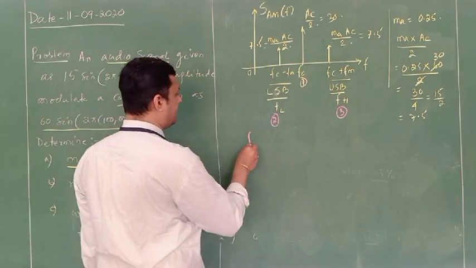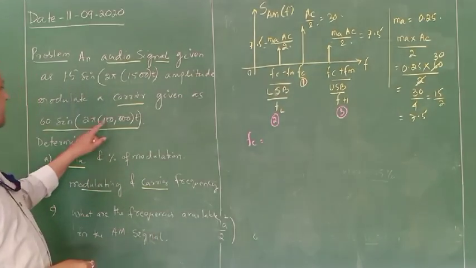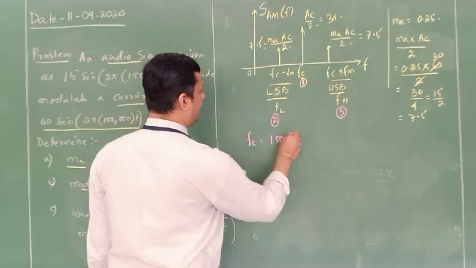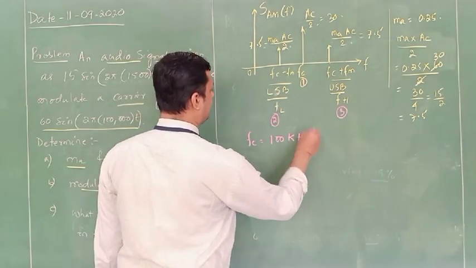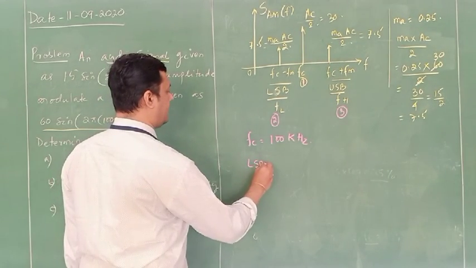So first, carrier is available. So carrier frequency, how much is it? Carrier frequency is 100 kilohertz. Done. Then I will go for LSB. LSB is what?